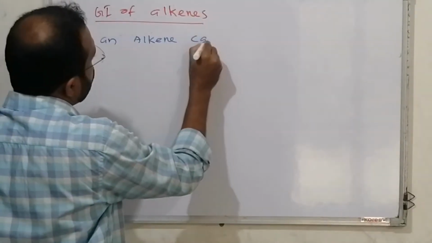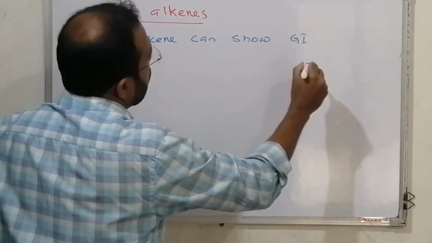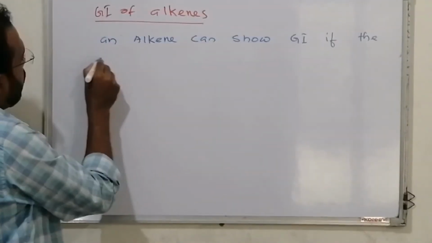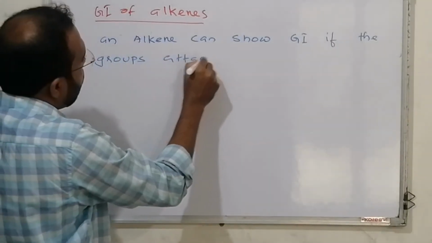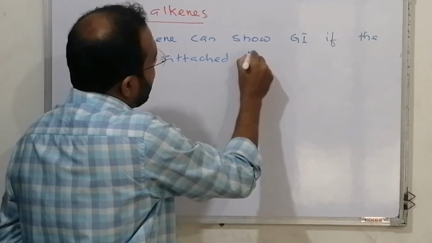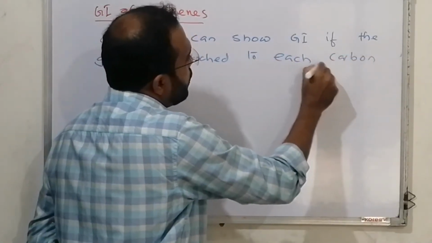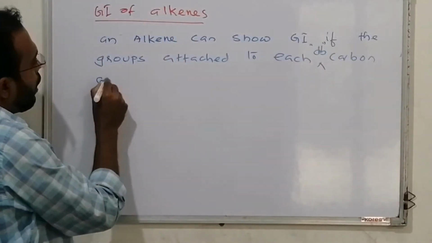An alkene can show geometrical isomerism if the groups attached to each double bonded carbon are different.